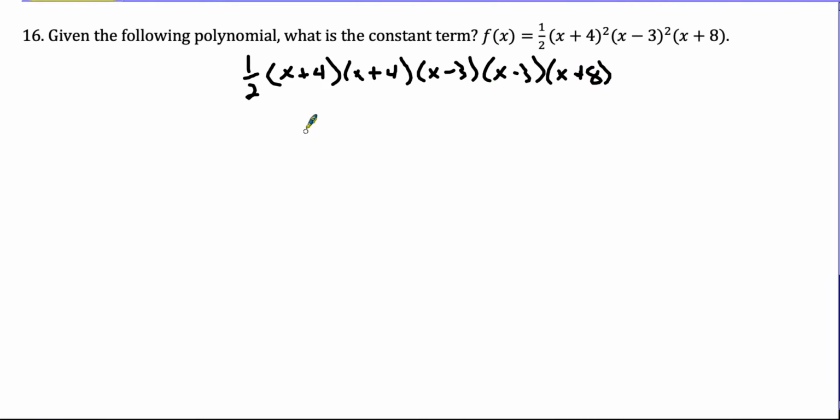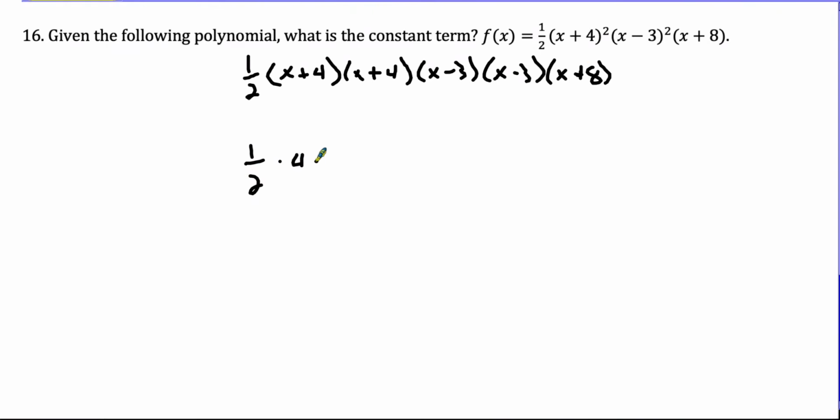So, to find the constant term, all I need to do is multiply any value that I have out in front, any coefficient, times all of my constants. So 1/2 times 4 times 4 times negative 3 times negative 3 times 8. And if we put that into the calculator, we should get 576.